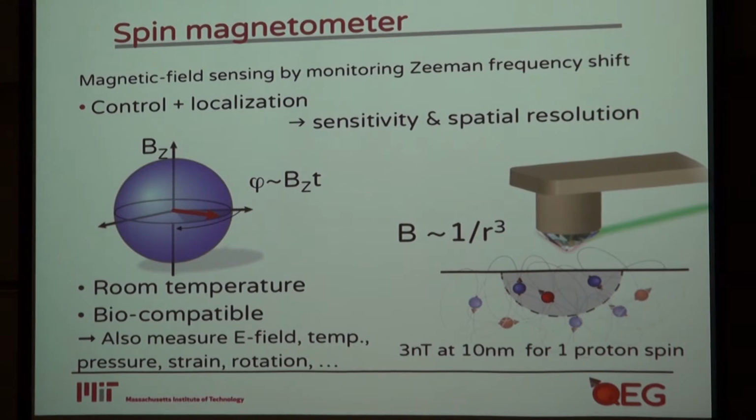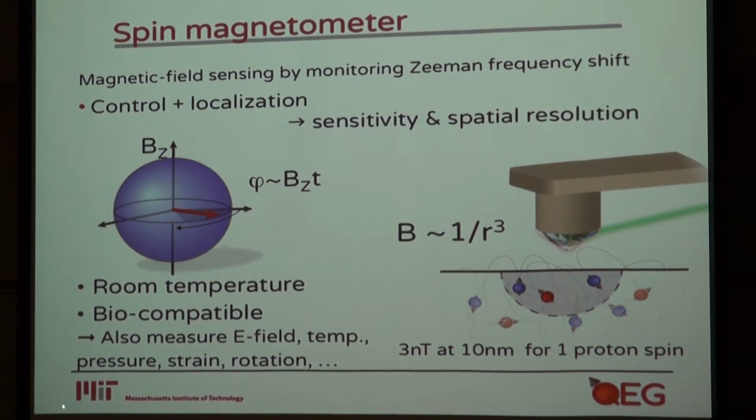And then you're able to measure the phase due to the precession of the spin itself and convert that into a magnetic field. They have also been proposed to be used to measure electric field, temperature, pressure, strain, rotation. And if you have other ideas of what we can measure with NV centers, let me know, and I can add it to the list here.